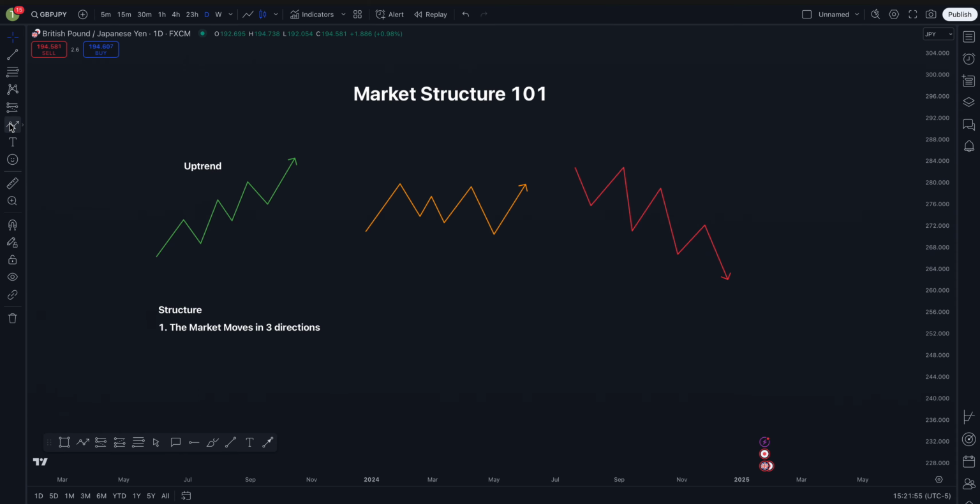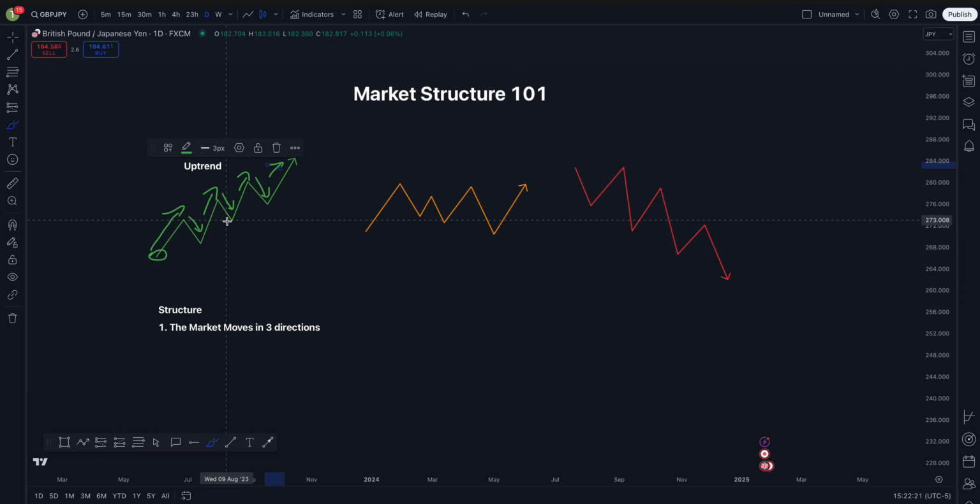As you can see, price would probably start right here, and then it moves up, and then it pulls back, then it moves up again, and then it pulls back, and then it moves up again, and then it pulls back, and then it moves up.